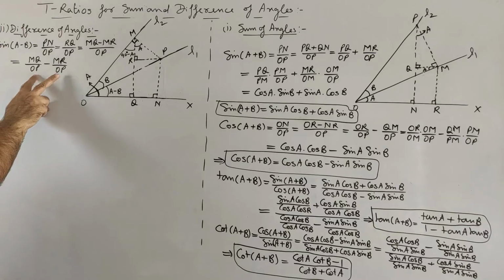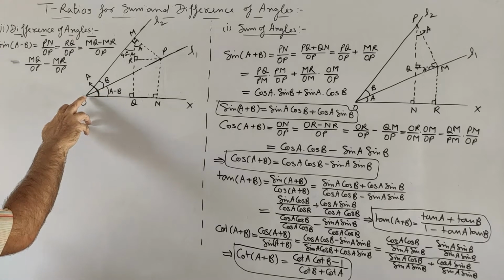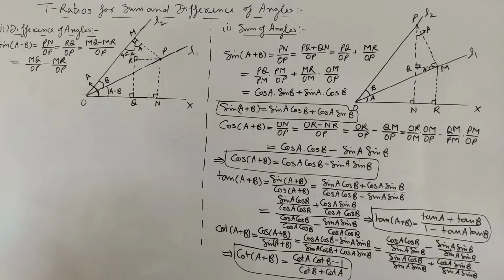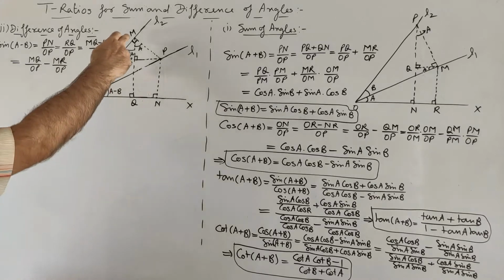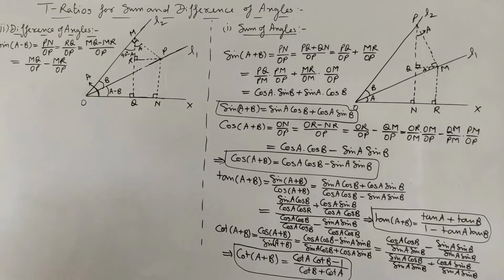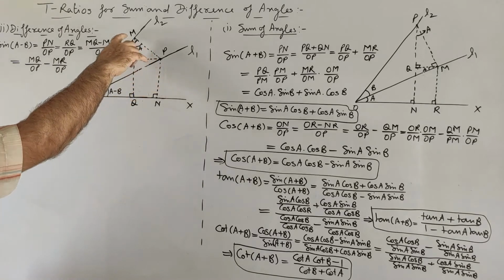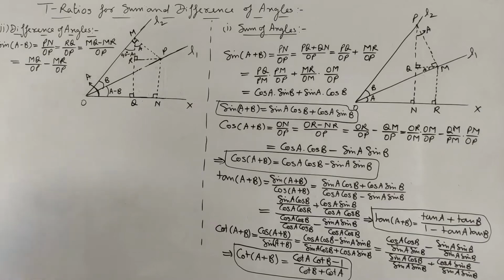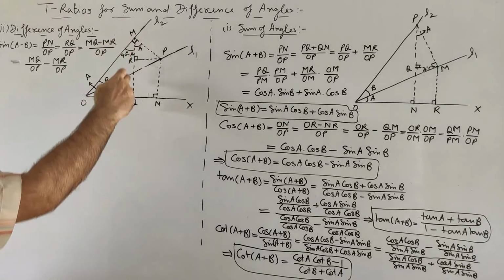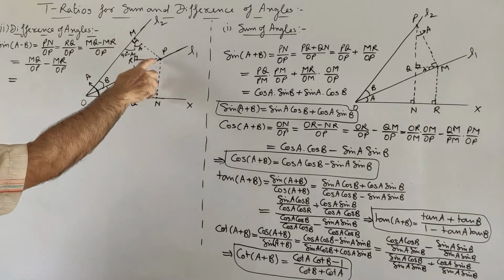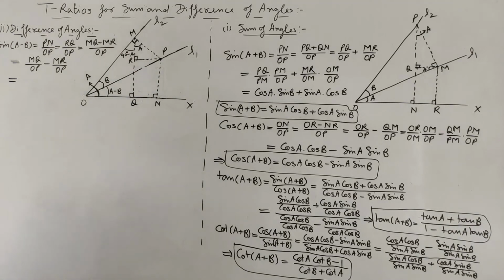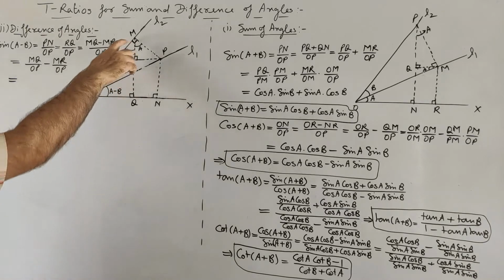Since here we will be requiring T ratios for angle A and B only, we will not take triangle OPN into account because it will give us the T ratios for A minus B. So we will consider only triangles OMQ, which will give T ratios for angle A, and triangle OPM, which will give the T ratios for angle B. So MQ from triangle OMQ and OP from triangle OMP, and we will have to find a side of these two triangles which is common in both the triangles, and this side is OM.